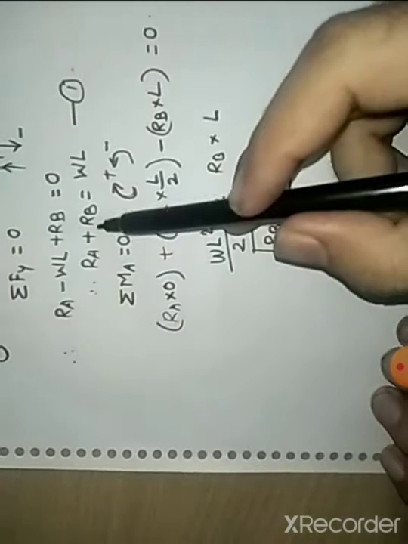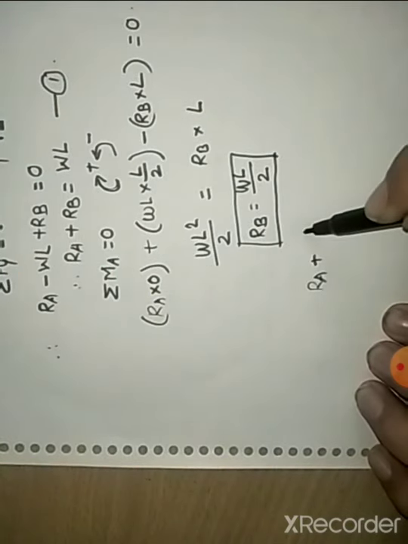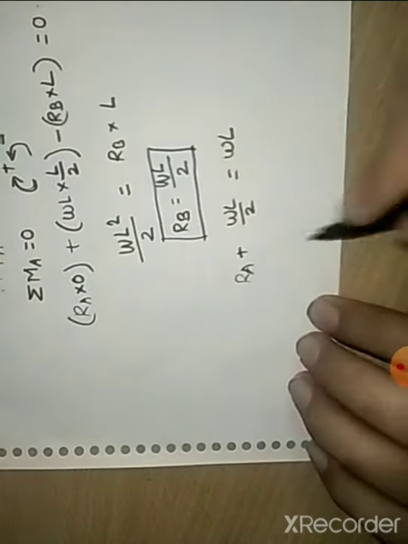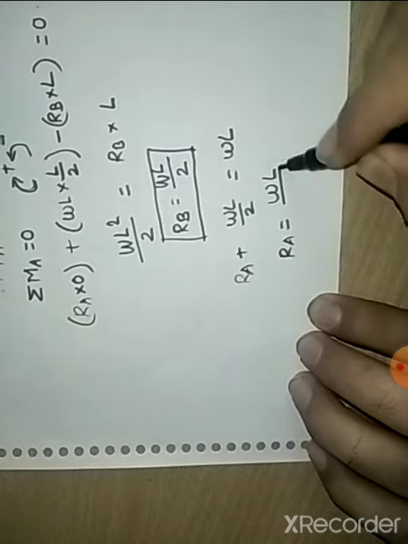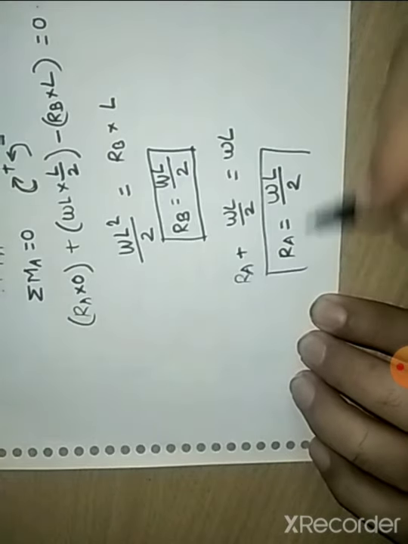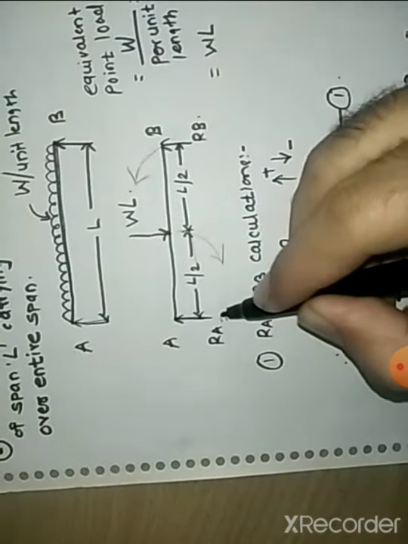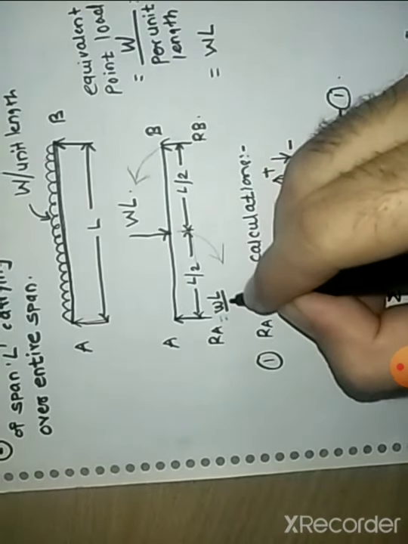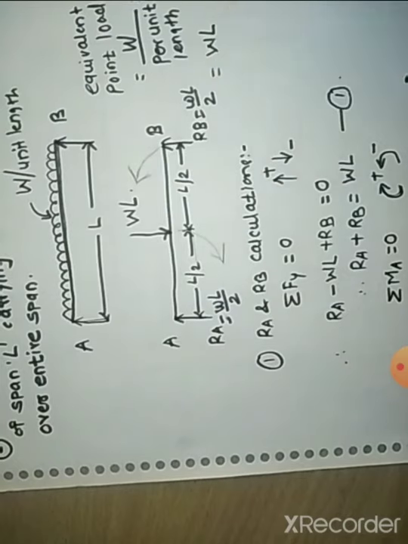Put this value in equation number 1, we get RA plus WL by 2 is equal to WL. So RA will also be equal to WL by 2. So the values of the reactions come as WL by 2 and WL by 2.